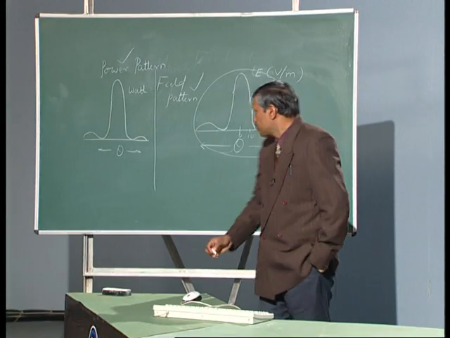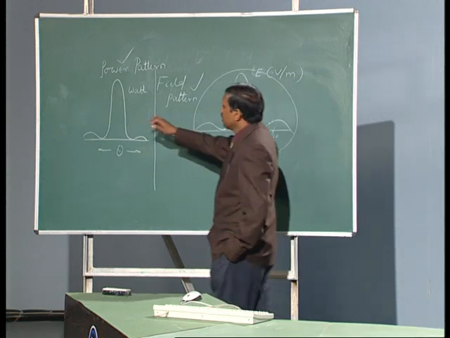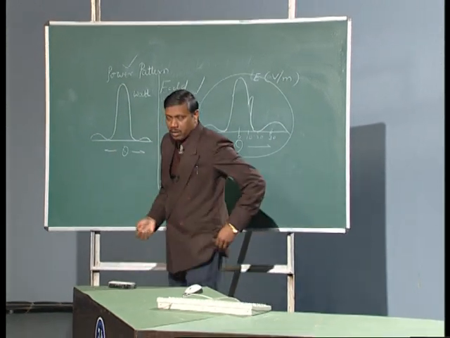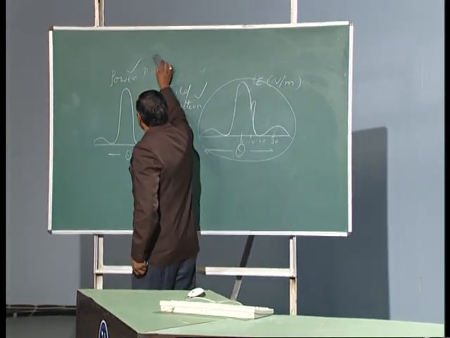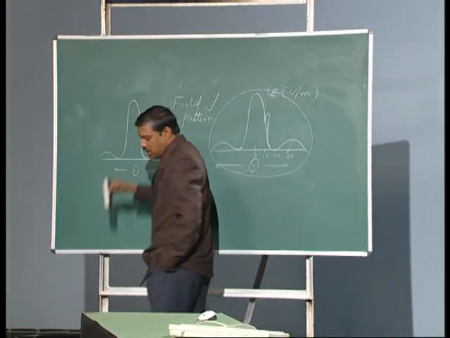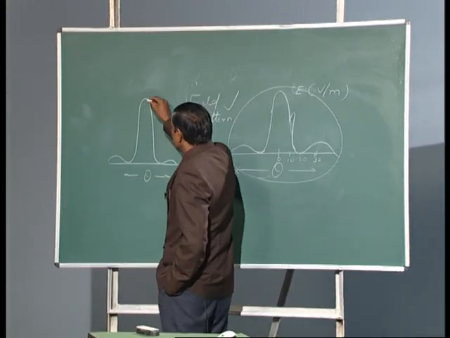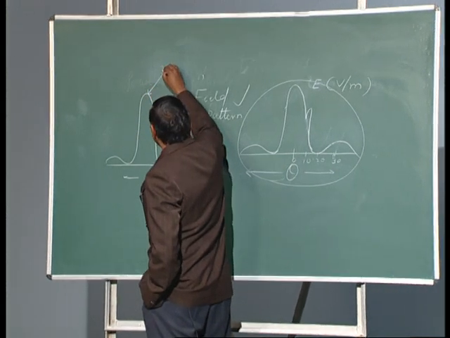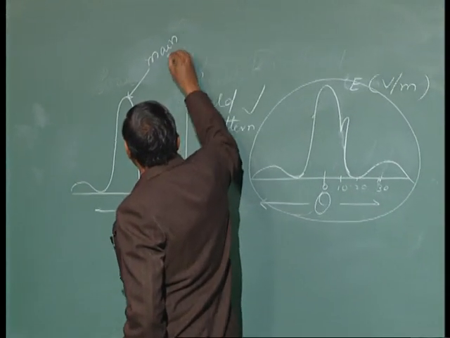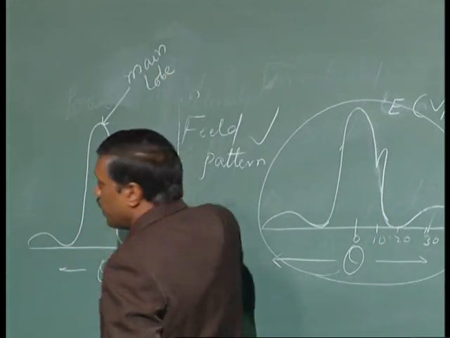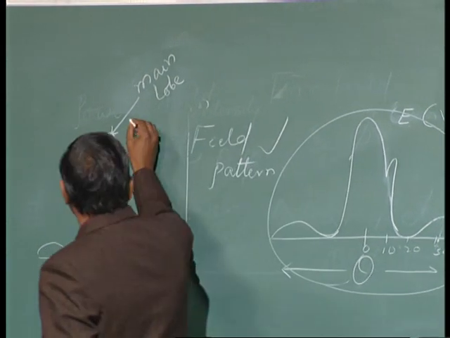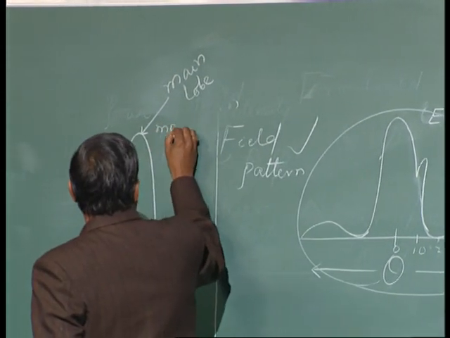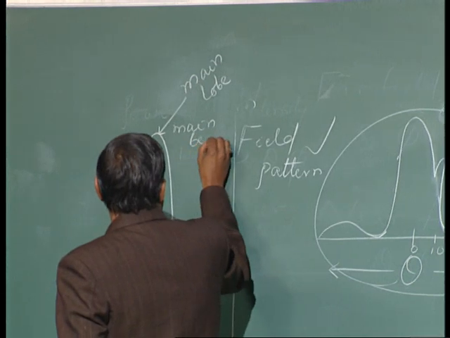Like in this blackboard, this is called the main lobe, because out of this distribution, this is the direction in which the signal is maximum. So, it is called main lobe or main beam.